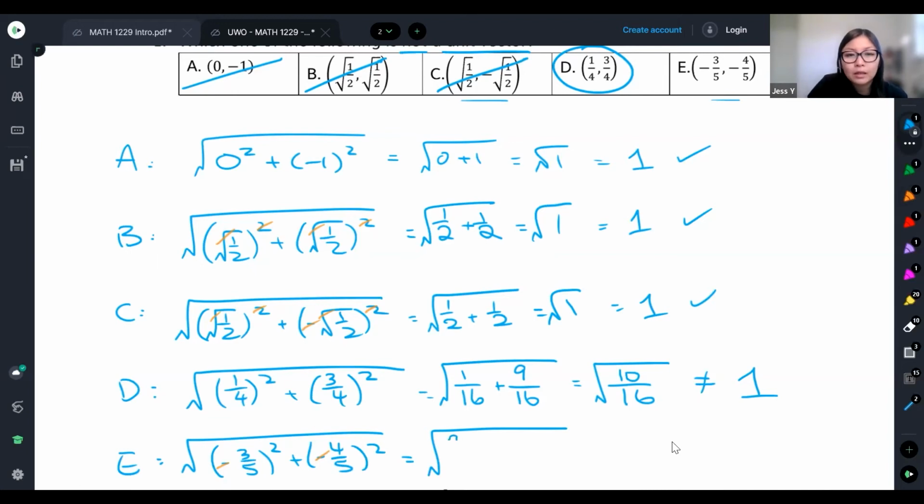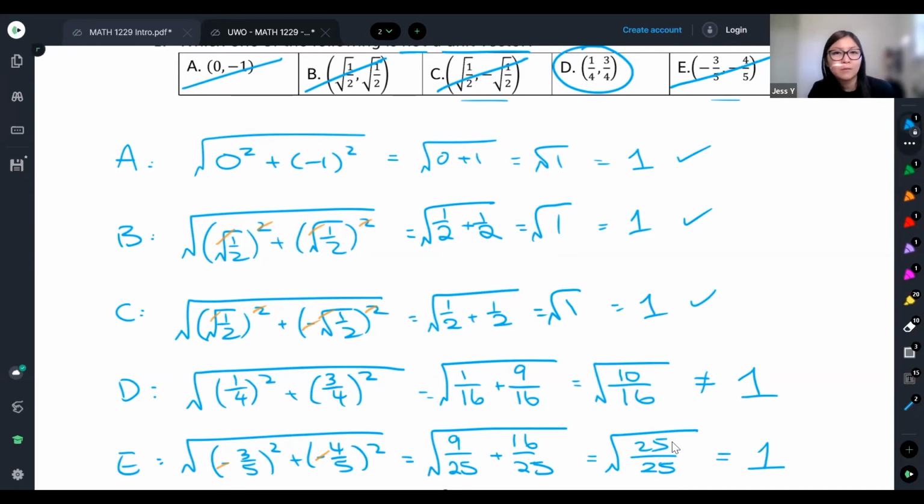So 3 squared, that's 9. 5 squared is 25. 4 squared, 4 times 4 is 16. 5 times 5 is 25. So you see how for this one, when you add them up, you do get 25 over 25, which is 1. So this actually does equal 1. So answer E is also not correct. All right. I know it's a trickier one with all these fractions.